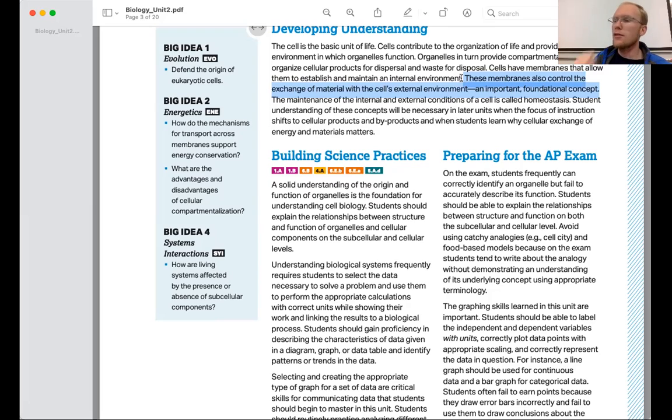They need to keep certain things in, like their genetic material, and keep certain things out, like a virus's genetic material. This ability or lack of ability in terms of getting infected by a virus or being affected by another pathogen, the breaking down of homeostasis, is a central idea in biology.